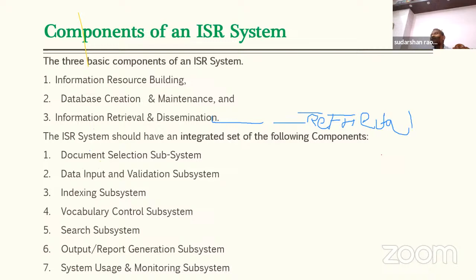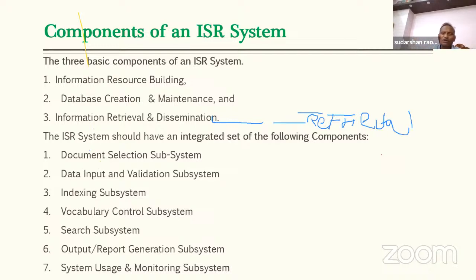But now, how can you do it? You have to create a database, and you have to maintain the database up to date. That's number two. The third one is information retrieval and dissemination: how to retrieve, how to prepare a report, and how to give the information to the people. I think these are slightly broader, some extension to those.